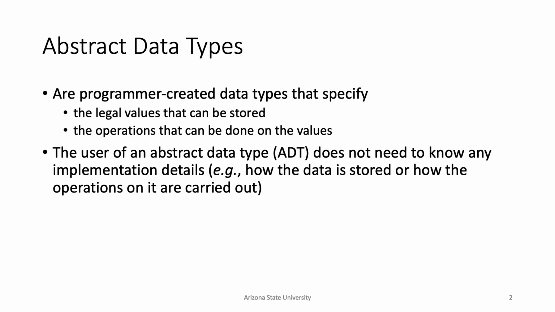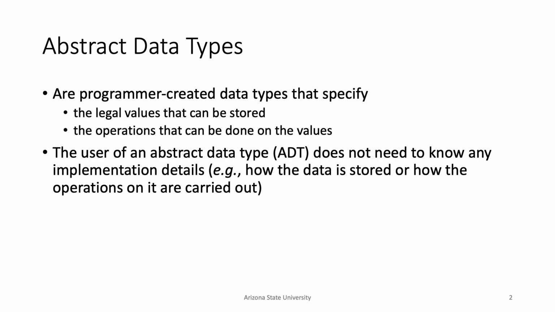So an abstract data type. All of the types that we've seen are provided by the C++ language. But now what we're going to do is make our own types. So instead of working with a string, for example, we'll work with a type that we call, for example, ASU student.